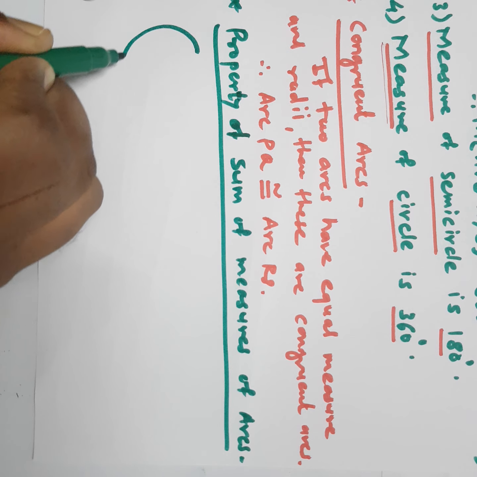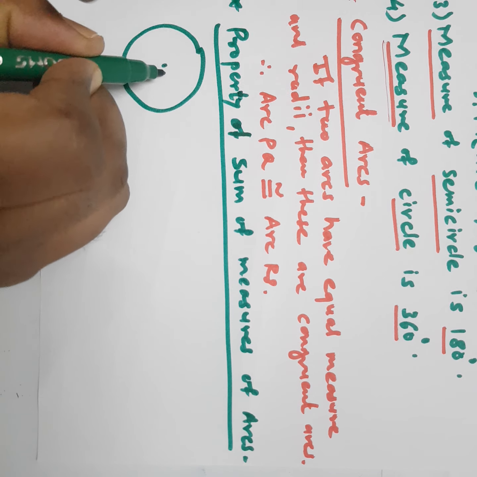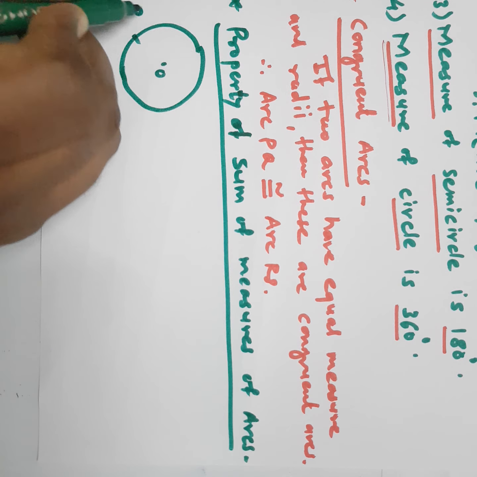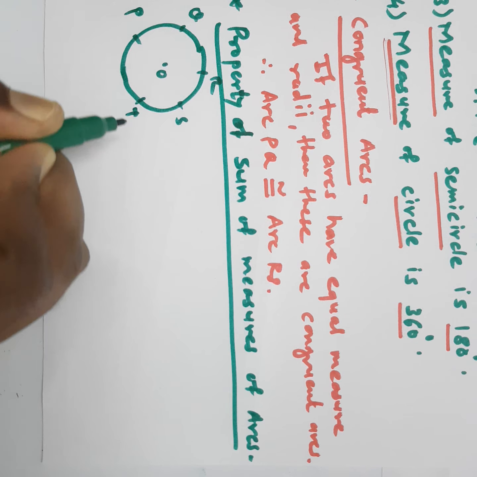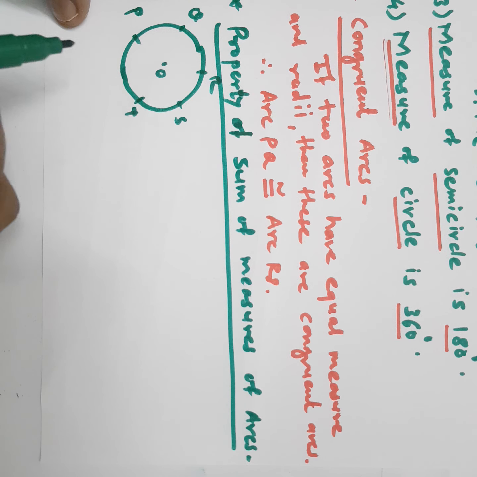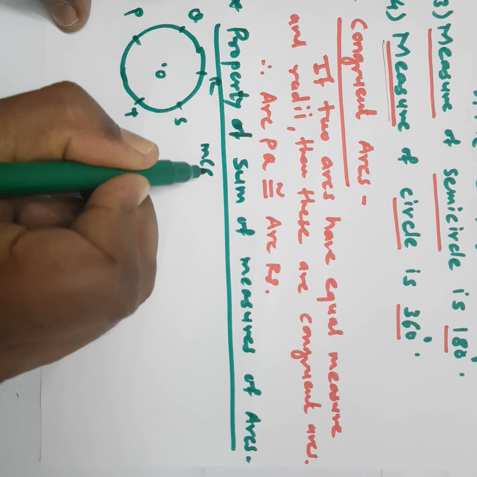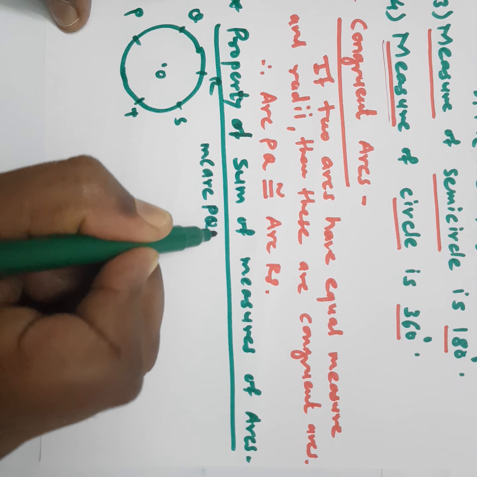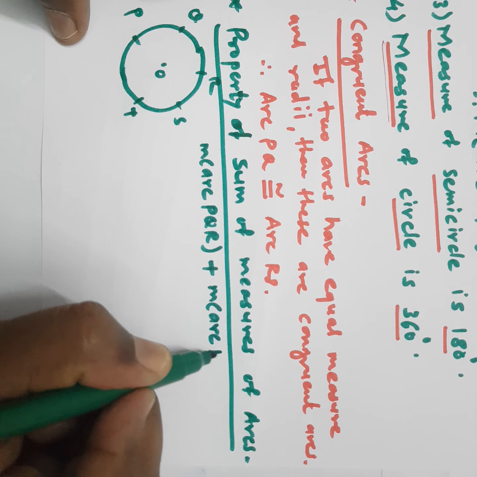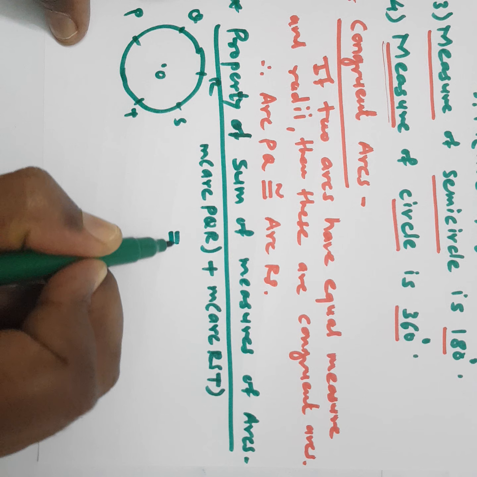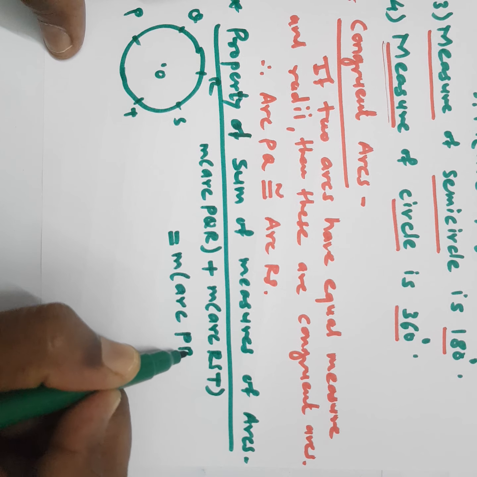Here, if points P, Q, R, S and T are on the circle, then measure of arc PQR plus measure of arc RST is equal to measure of arc PRT.